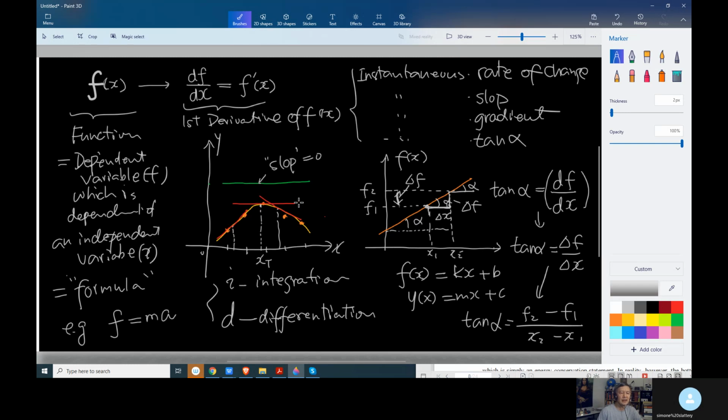So that x here is what we call the turning point. At the turning point, the slope is 0. You agree? So if I use a new notation, we just say the first derivative at xt is equal to 0.